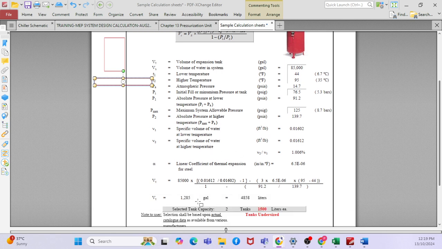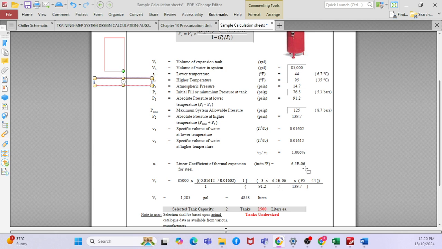If you apply all the values in the formula, Vt is nothing but, for example, system volume 85,000 gallon multiplied by 0.01612, the specific volume at lower temperature, right? Then divided by the specific volume at higher temperature over lower temperature, minus 1, minus 3 alpha.